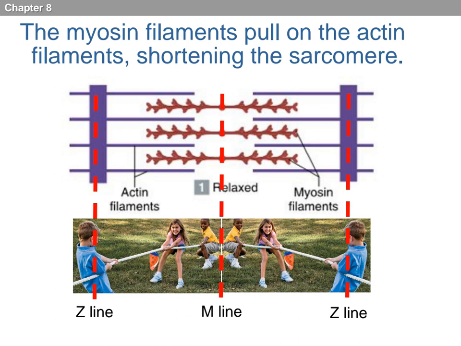I put together this diagram just to give a better idea of how this actually works. So the myosin filaments are going to pull on the actin filaments, and they'll shorten the sarcomere. So here's our picture. We have the M line, we have the two Z lines, we have the myosin, and remember, each myosin molecule is actually golf club shaped. There's a tail and then a head. The head has ATPase activity.